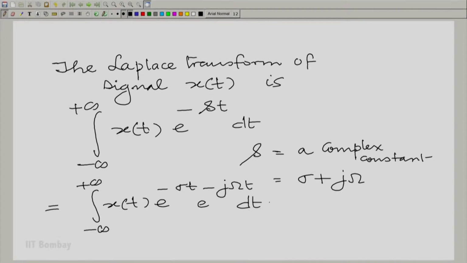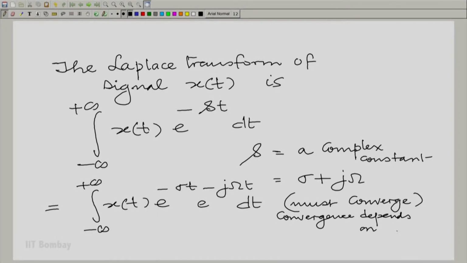Of course, this must converge, and the convergence depends on sigma. We can also view this, as we saw, to be the Fourier transform of x t into e raised to the power minus sigma t for appropriately chosen sigma.